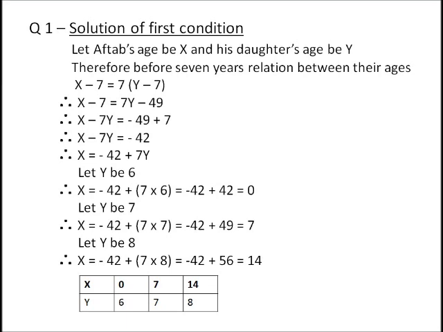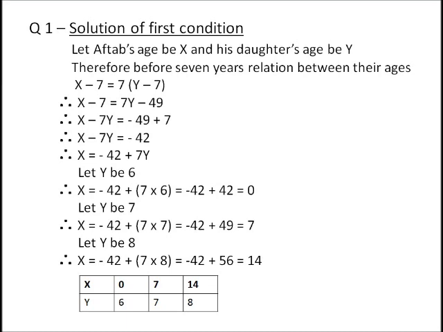Now taking the values of y and the corresponding values of x, we get the values of x and y in the following table. We have shown all the sets of values. The first set of values is 0, 6, second is 7, 7, and the third is 14, 8.